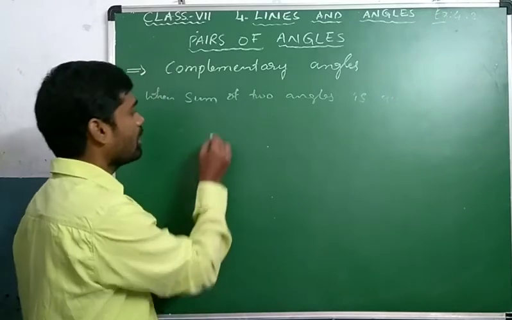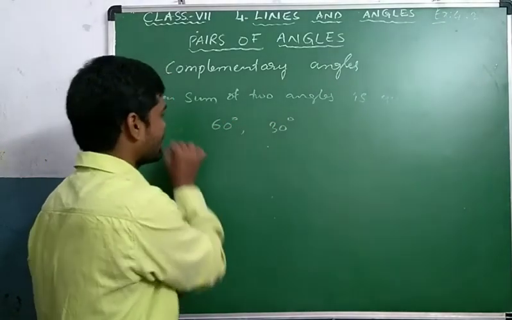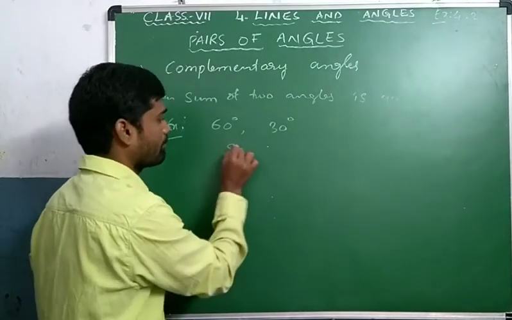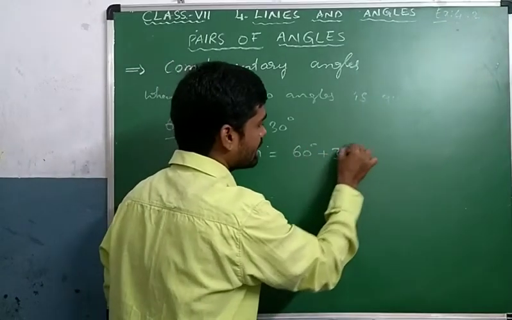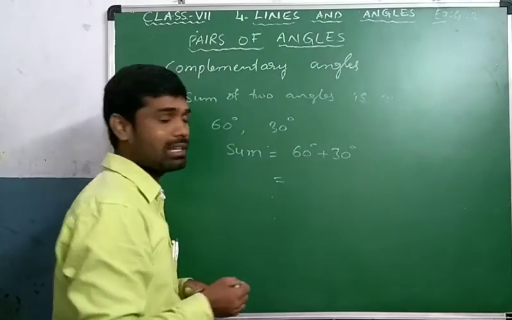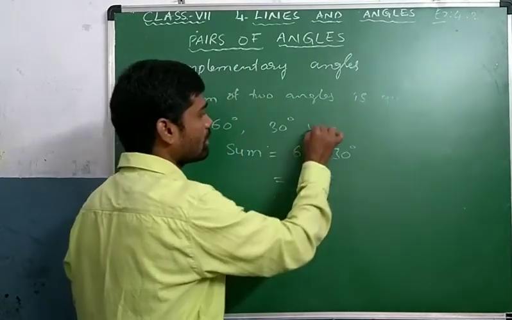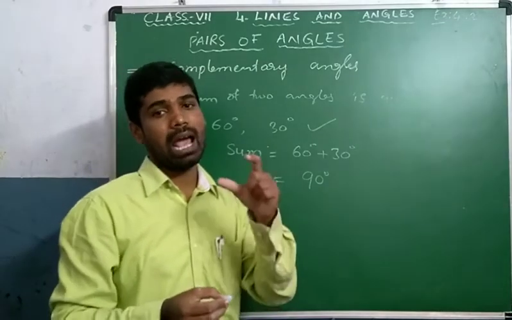For example, 60 degrees and 30 degrees. Let us check the sum: 60 degrees plus 30 degrees, we know very well, is equal to 90. So now what do we call these two angles? 60 and 30 are complementary angles.